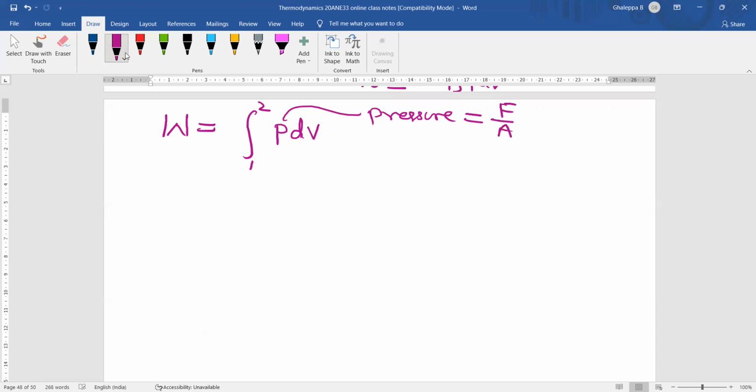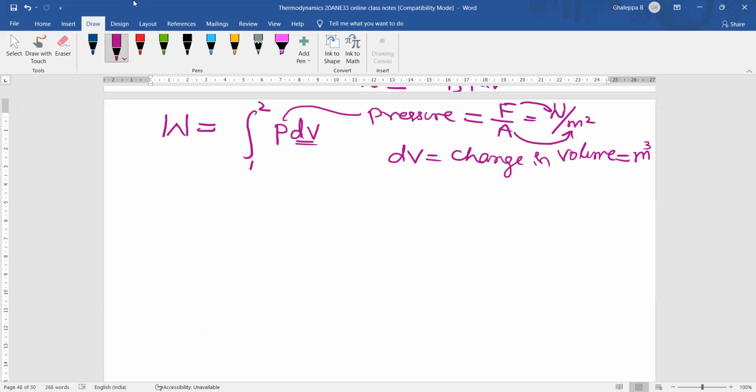You have to remember this equation. And dV is the change in volume. Its unit is meter cube. Pressure unit is Newton per meter square, because the unit of force is Newton and area unit is meter square.